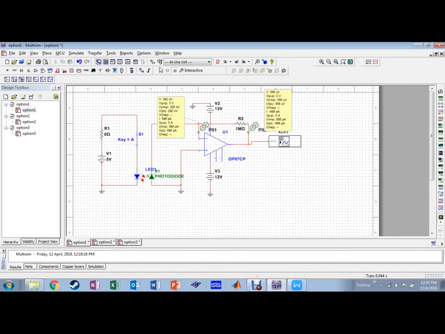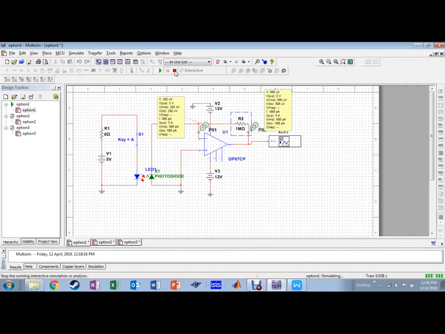Run it. The value remains the same at point D. At point F, the voltage changes to 686 microvolt. The current remains the same. This is because the voltage has a voltage drop after running through the 1 mega ohm, so the voltage will change. Meanwhile, the current remains the same.